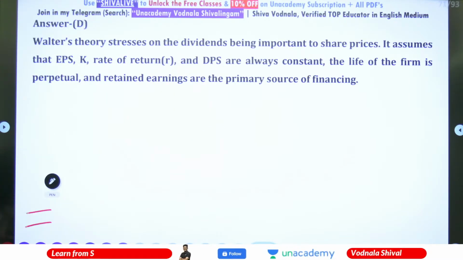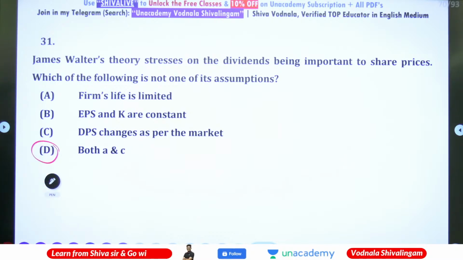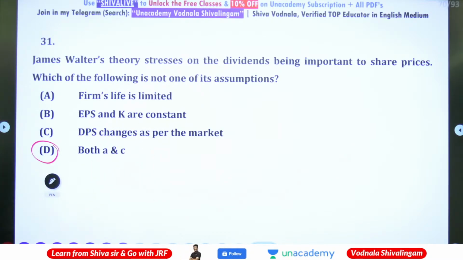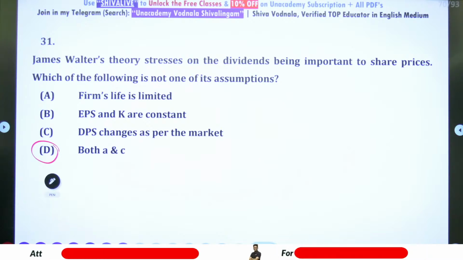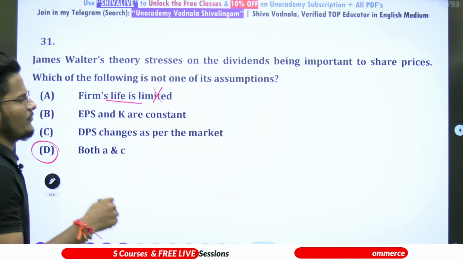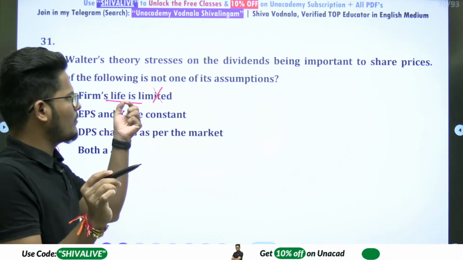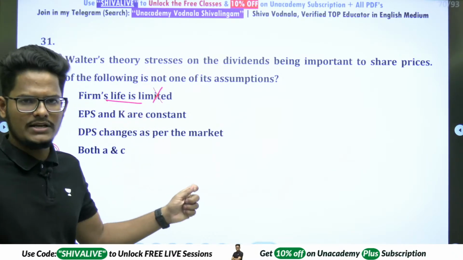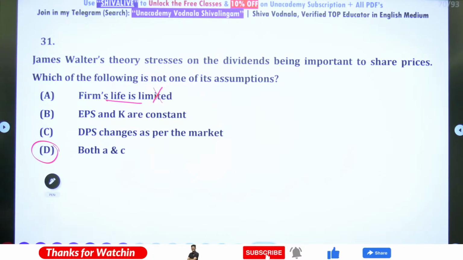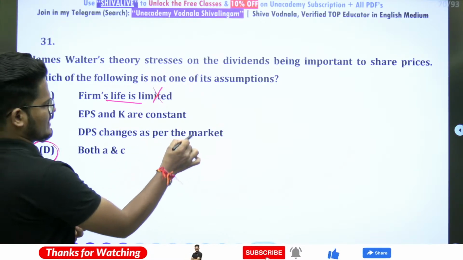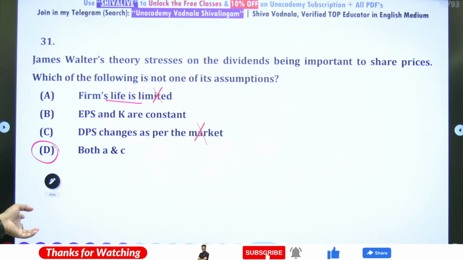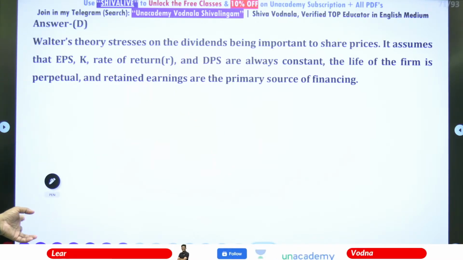So option D is the given answer, both A and C. EPS and KR constant are assumptions of the Walter, whereas firm life is limited. It is not an assumption of any dividend model, not only the Walter, neither nor Gordon also. And DPS changes as per the market. No, dividend is going to be constant as per the market. So both A and C are not the assumption.